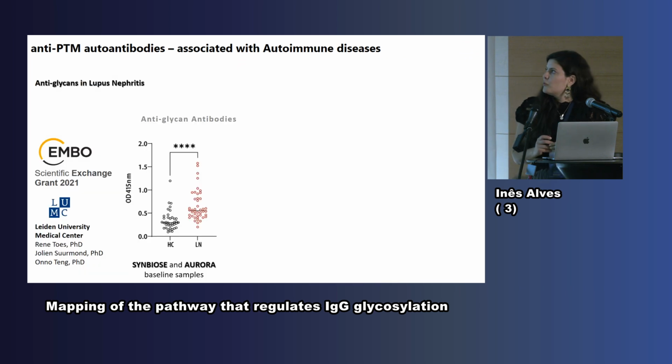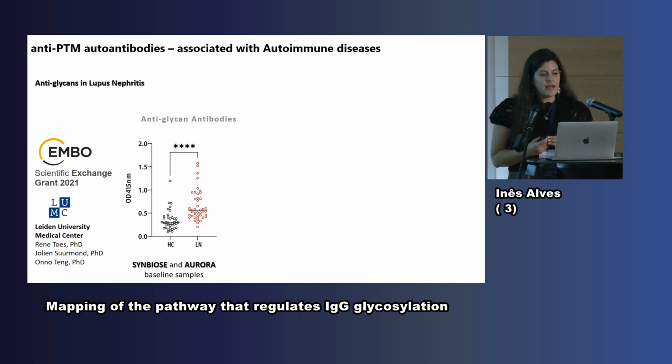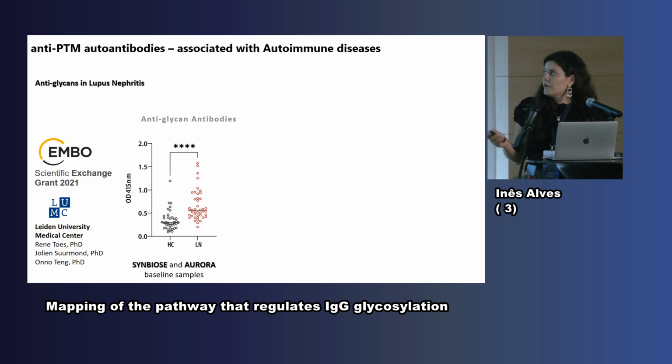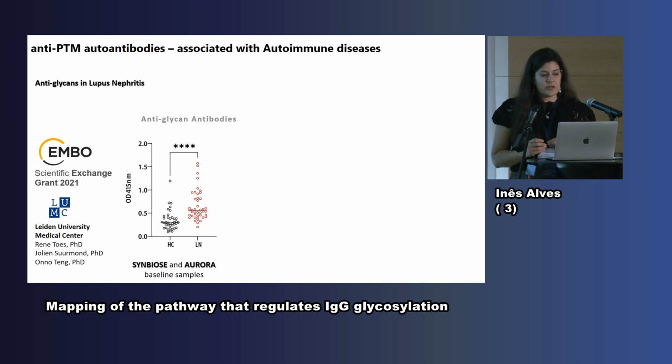So in lupus, we also tried to check if we could identify antibodies that react against glycans. In collaboration with rheumatology, René and Yolene, and also the nephrology department from LUMC, we were able to test two very specific cohorts, Symbiose and Aurora, which comprise samples from lupus nephritis patients naive to treatment.